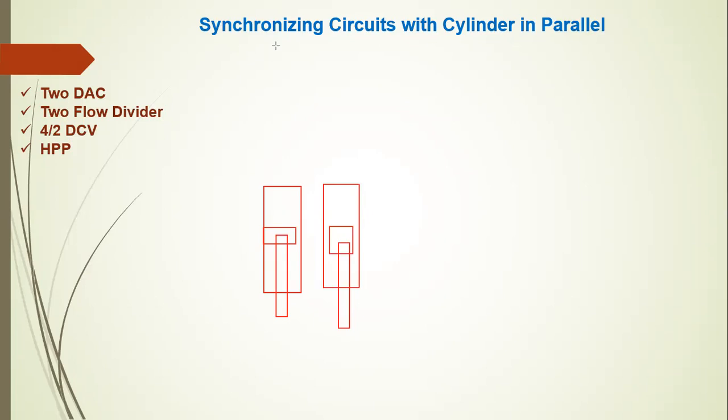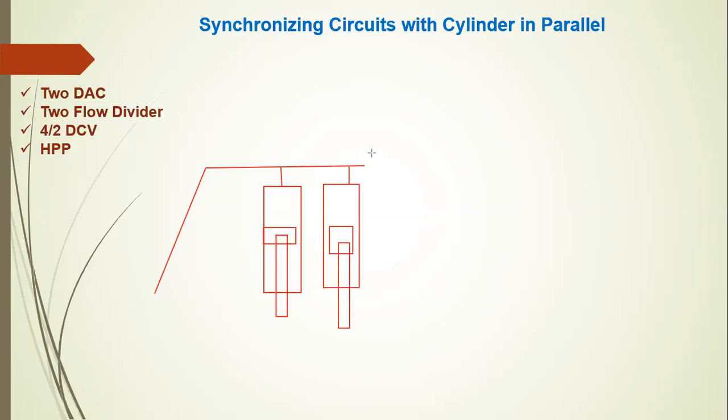Here the flow is passed from the pump and pumped to the hydraulic cylinders in parallel. How many cylinders are connected doesn't matter. Two or more cylinders can be connected in a hydraulic circuit with flow in parallel connection.